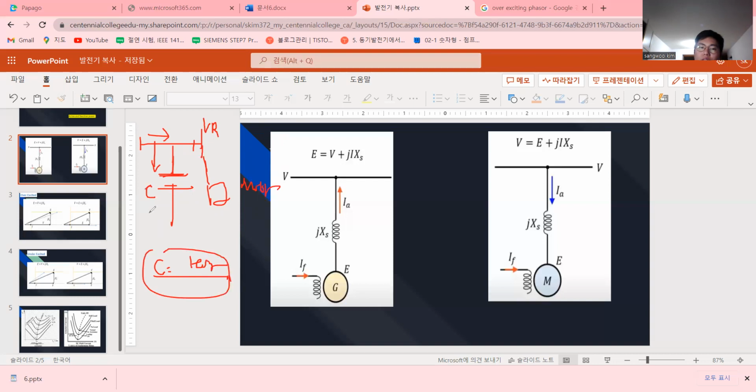But once the C is working as a generator, sending reactive power to here, it is sending while this is consuming, and it is sending the leading current. So if you understand sending and receiving, where receiving means consuming, you don't need to be confused about this.